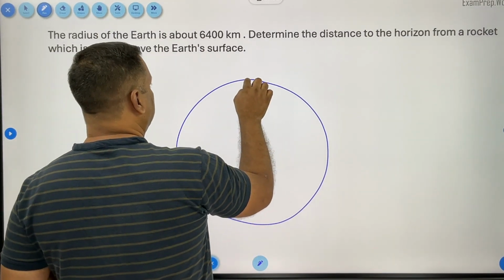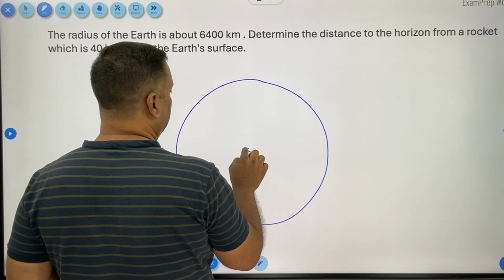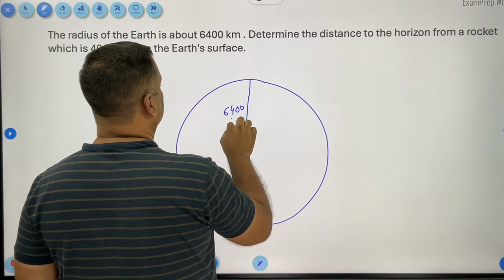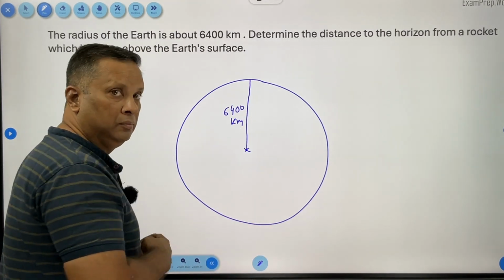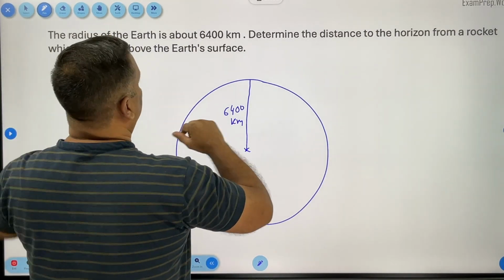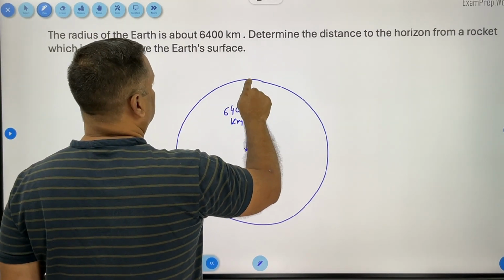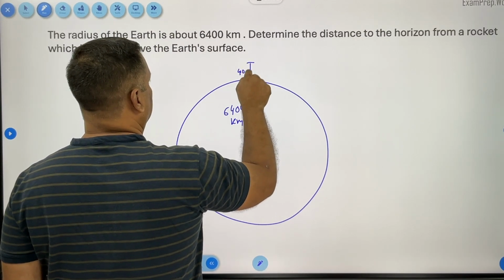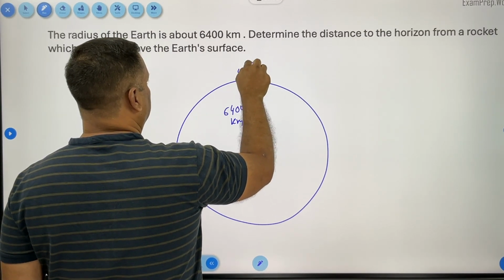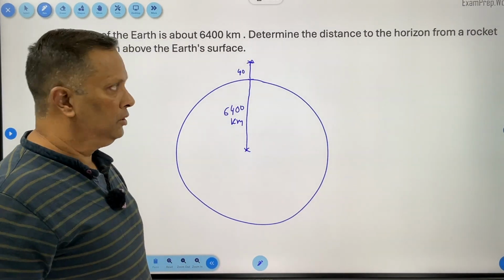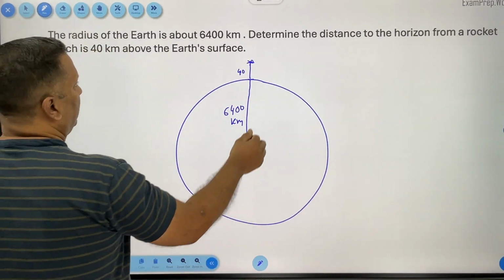So here the radius is 6,400 kilometers. And the rocket is 40 kilometers above the surface. The rocket is somewhere here at this point, 40 above 6,400. Okay.